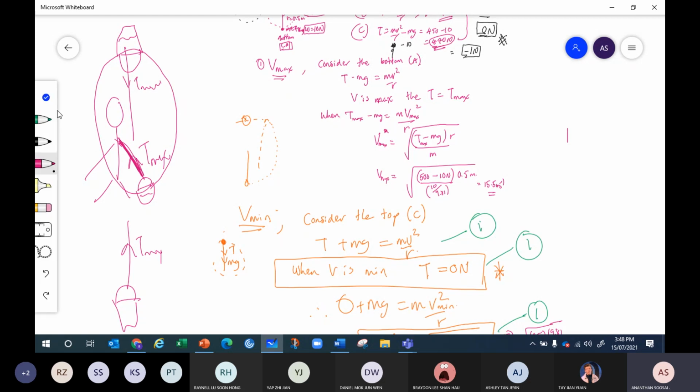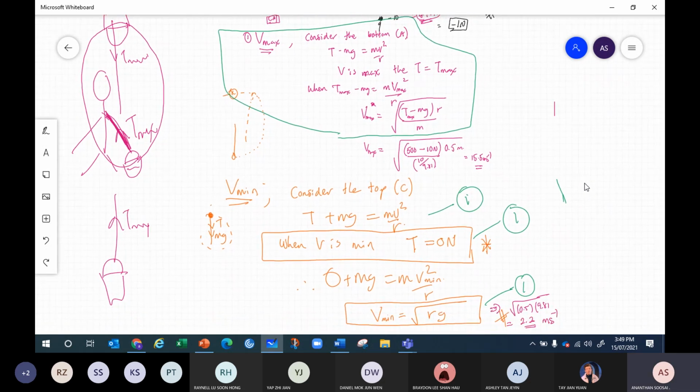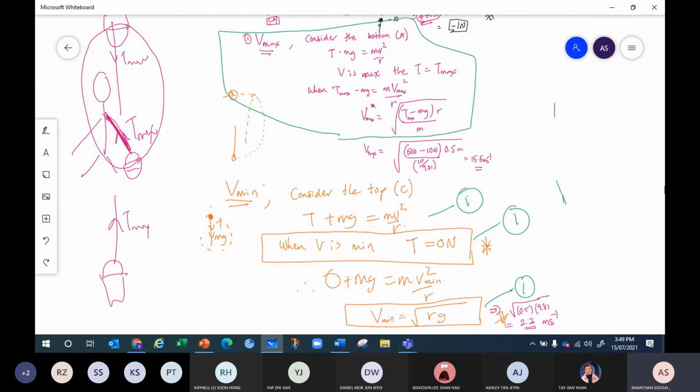Up to here is enough for Vmax. And V minimum is root of rg. The calculation, just one example I give you. Take down the Vmax and V minimum. Any part you don't understand, you can ask me.